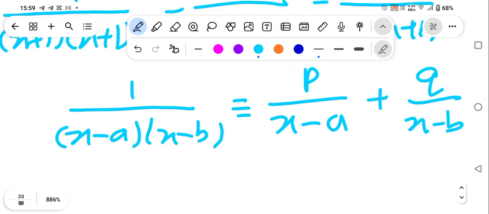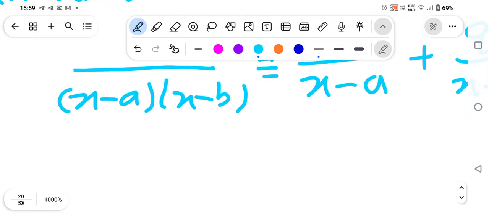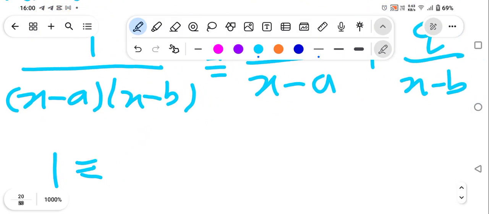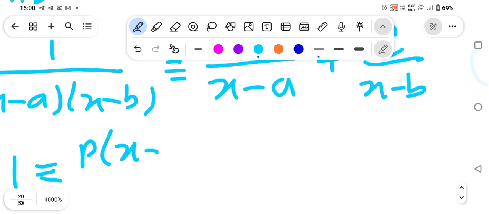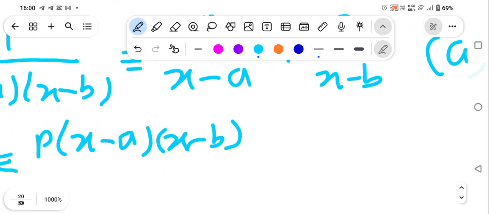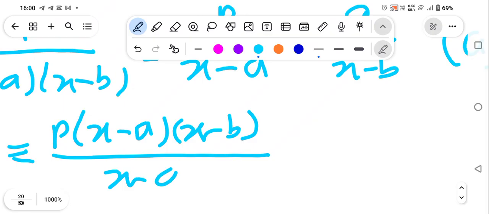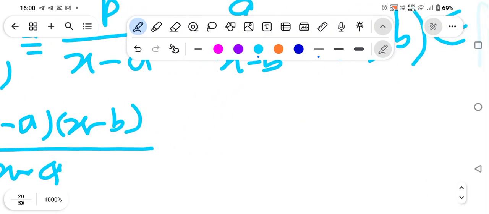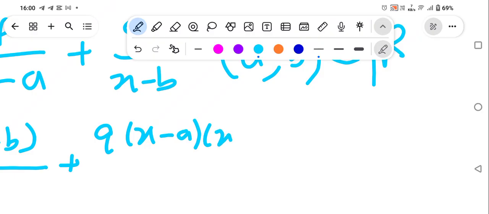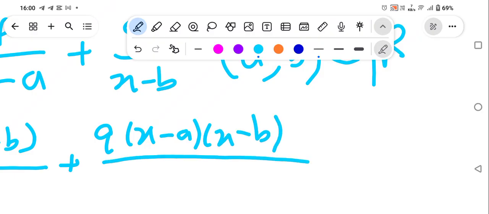Alright, so the first thing you do is multiply both sides by x minus a, x minus b. So we have p times x minus a, x minus b over x minus a, and then plus q over x minus a times x minus b over x minus b.